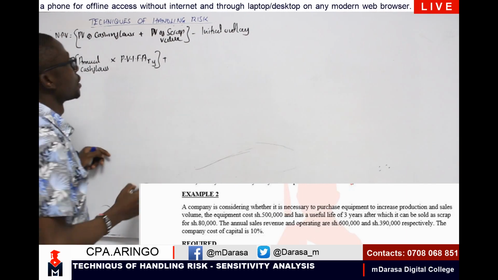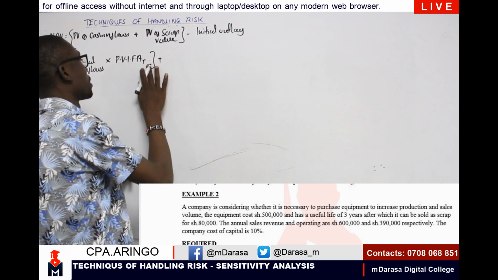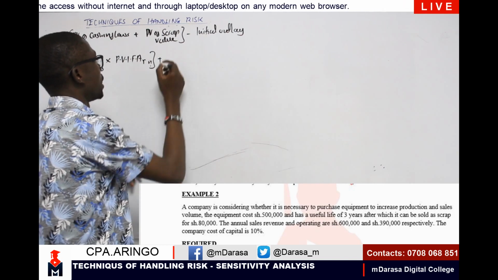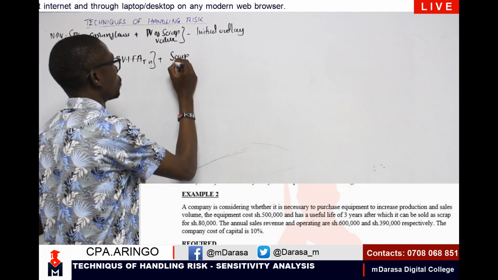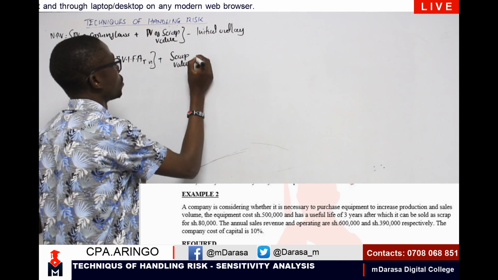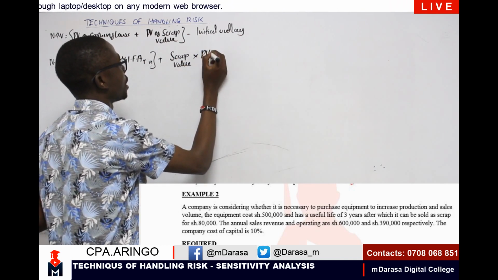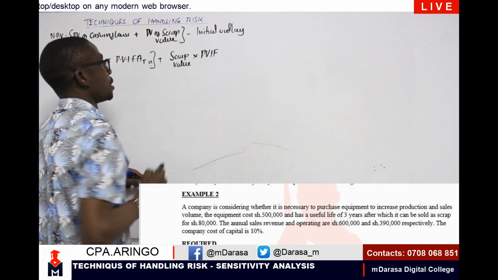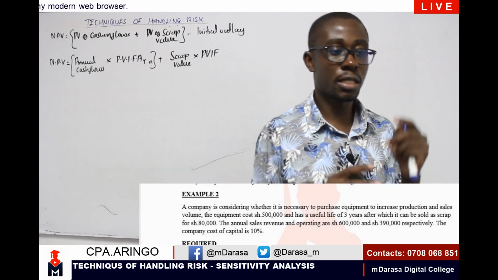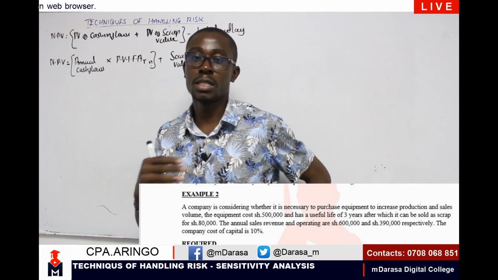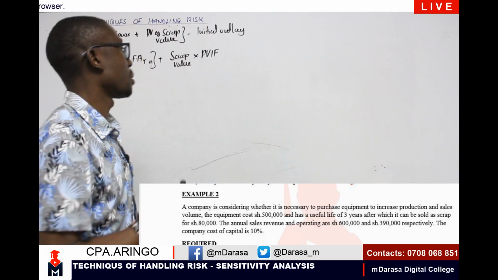We add our scrap value, we multiply by present value interest factor. Why are we taking lump sum? Because in this case, I'll be receiving it once, which is as of the end of the period, which is the scrap value.